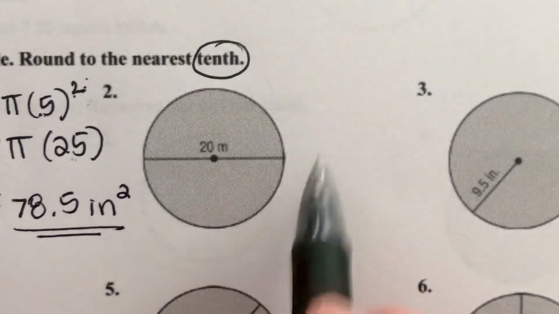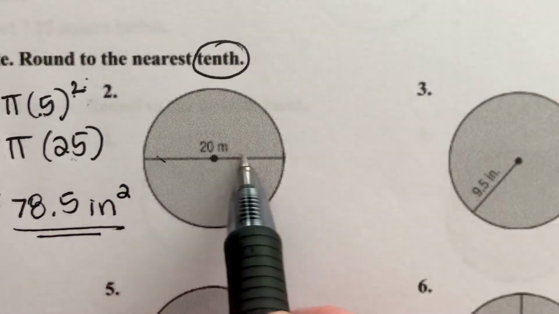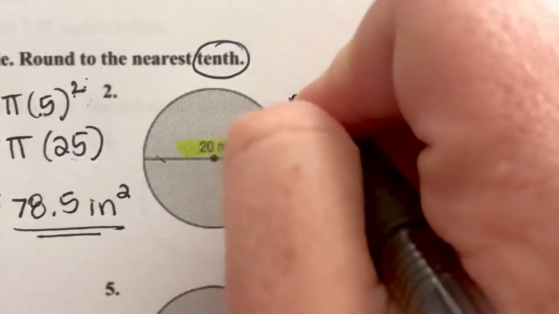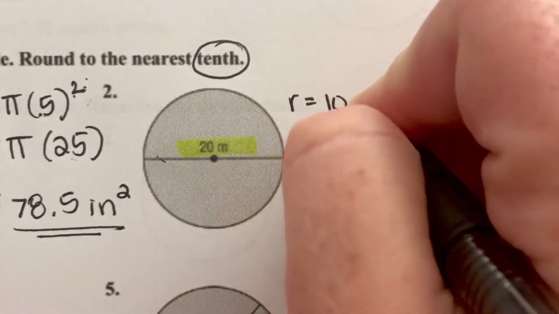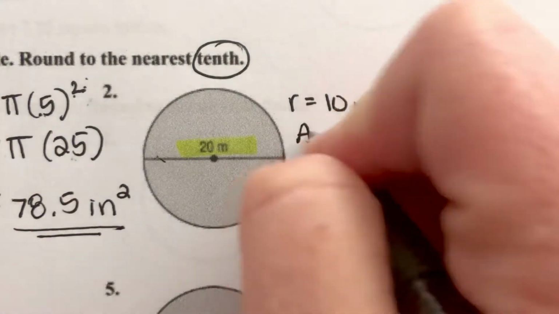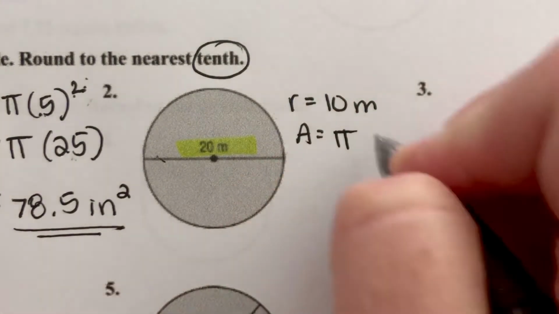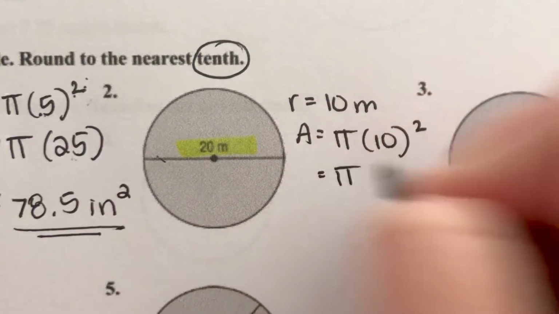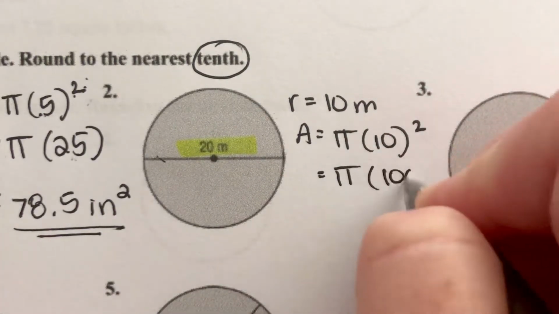Next one, what do you notice here? This is not the radius. This is all the way across, which is the diameter. So if the diameter is 20, the radius is half of that. So here, the radius equals 10 meters. So we're gonna have area equals pi times the radius squared. So pi times 10 squared is 100.